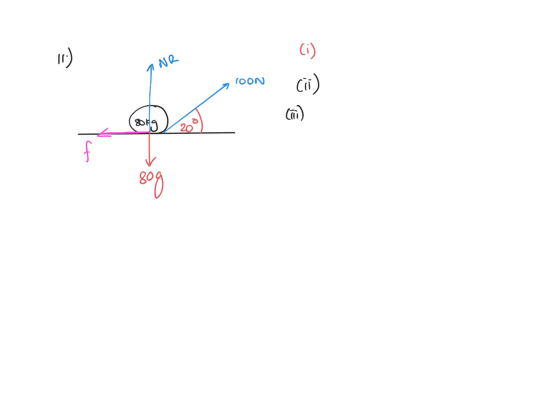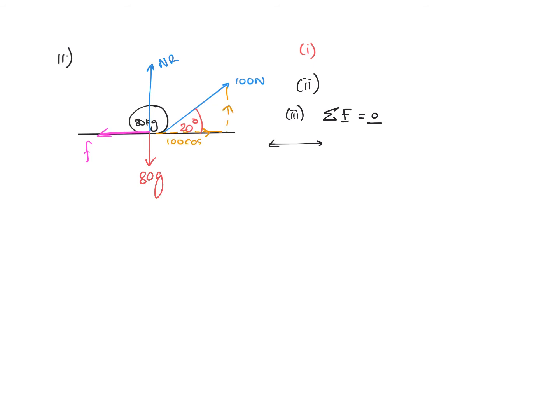Part 3 asks us to calculate the frictional force and the normal reaction of the floor on the box. So the box is in equilibrium, so that tells us that the resultant force is equal to 0. So if we look at forces horizontally first of all, then this component here and this component here are what the 100 newton force is divided into.